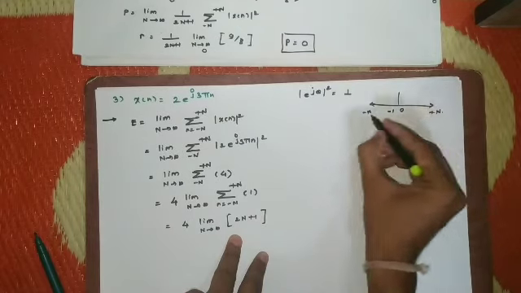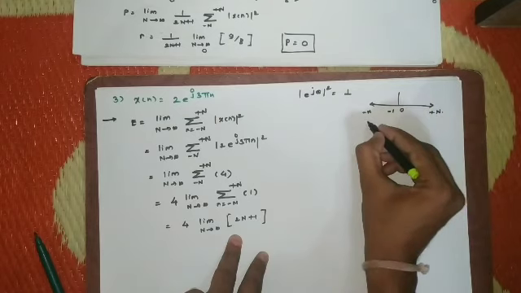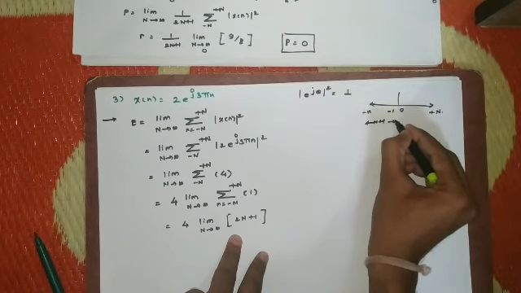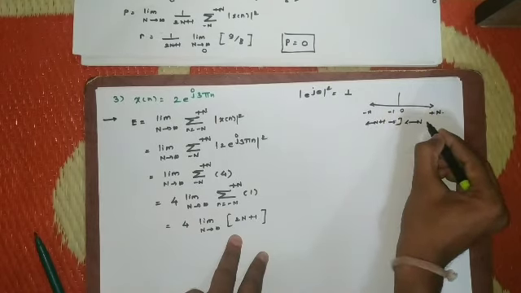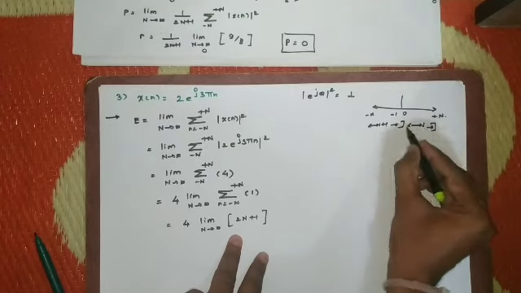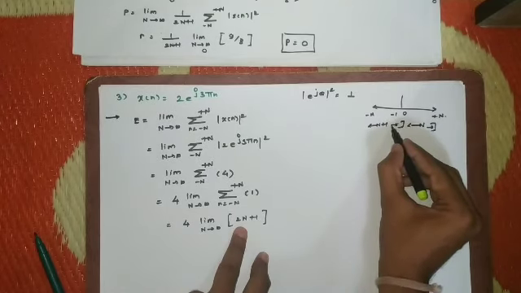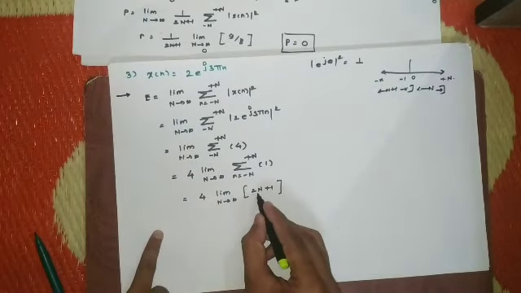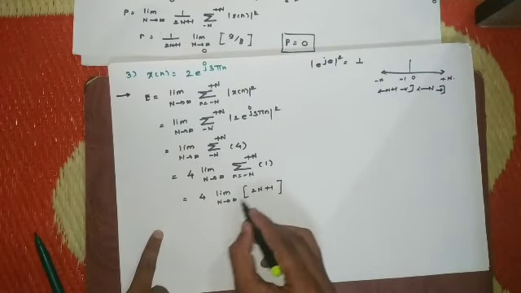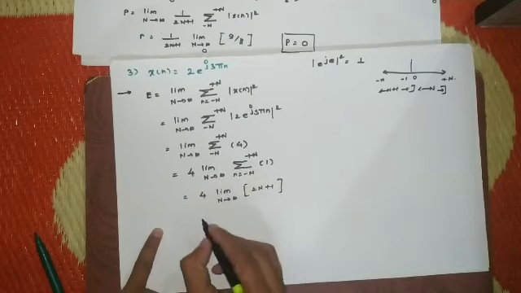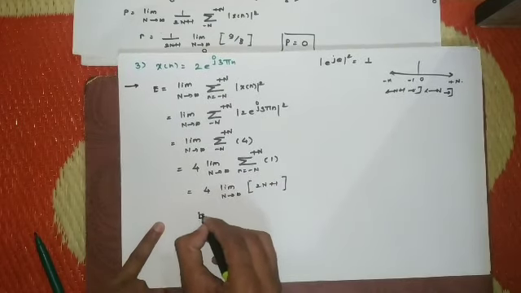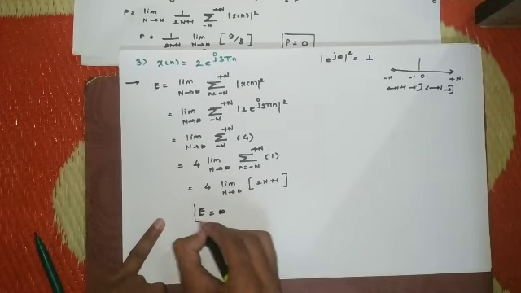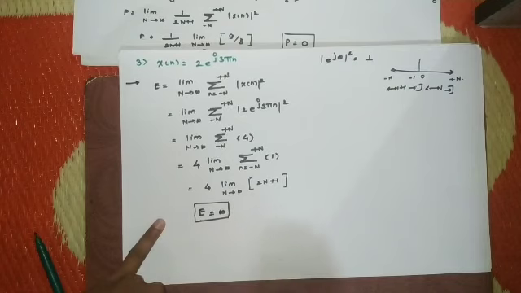So in this entire range we have n plus 1 samples on one side, and n samples on the other. If I add n and n plus 1, the summation results in 2n plus 1. If I put 2 into infinity, that is infinity, plus 1 is infinity, into 4 is infinity, that means we are getting energy as infinity.